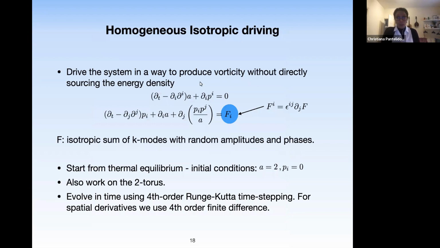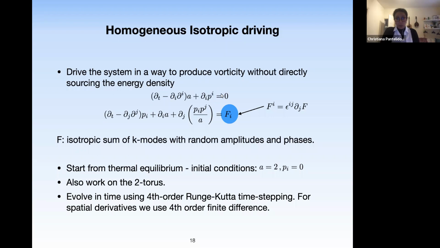Okay, so this is precisely what we did. We took the equations that we had before, and we added a forcing term. We added this term by hand, which is typically what people do in fluid mechanics. We added it in this particular way in order to produce vorticity, but without actually sourcing the energy density of the system.